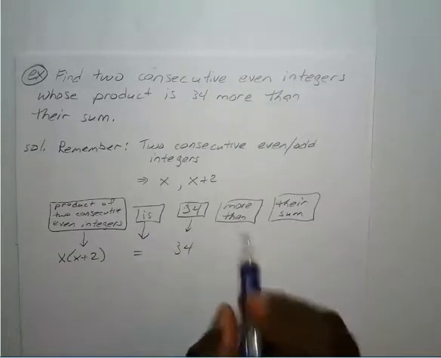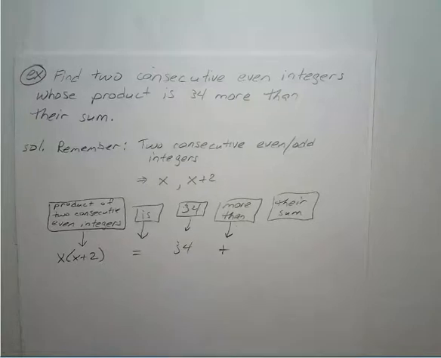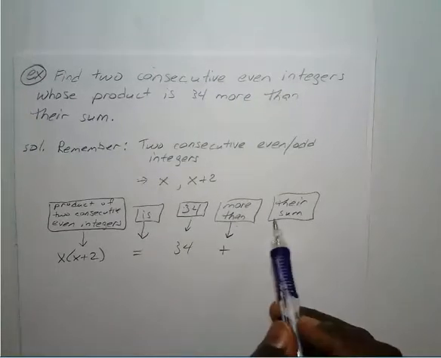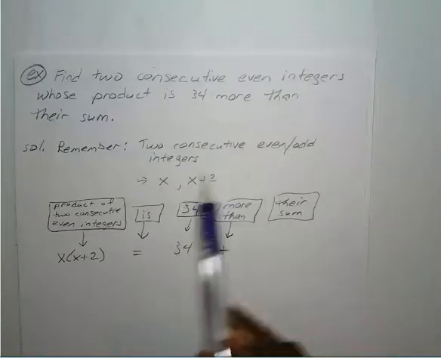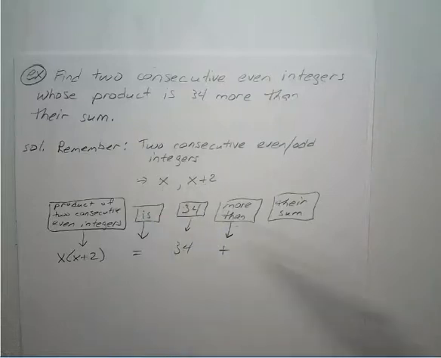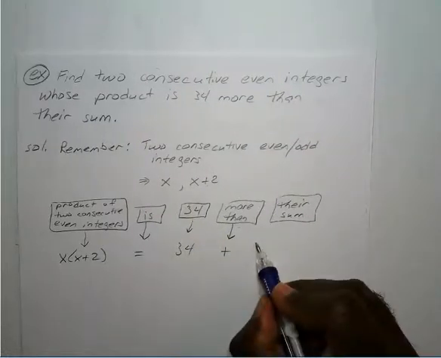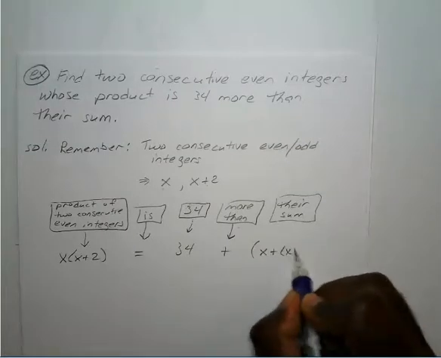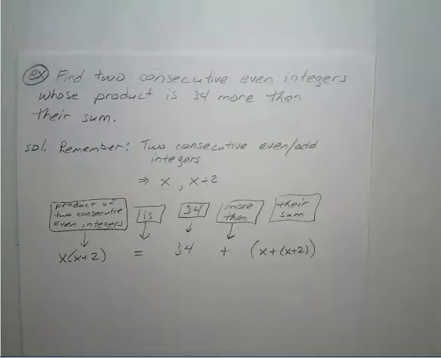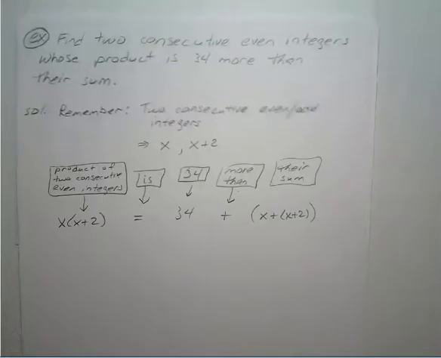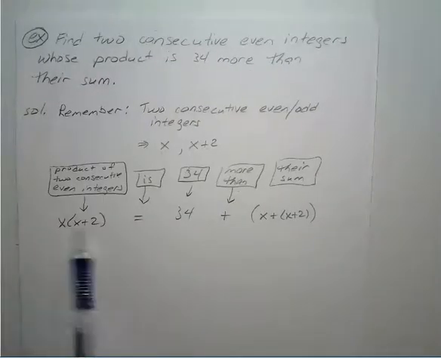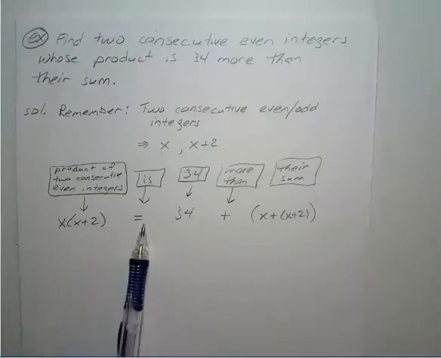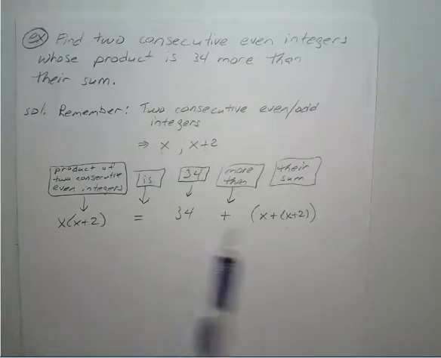More than, that's usually addition, and their sum, so you have the sum of the two consecutive even integers. So that would be x plus x plus 2. So you have the product of two consecutive even integers is 34 more than their sum.